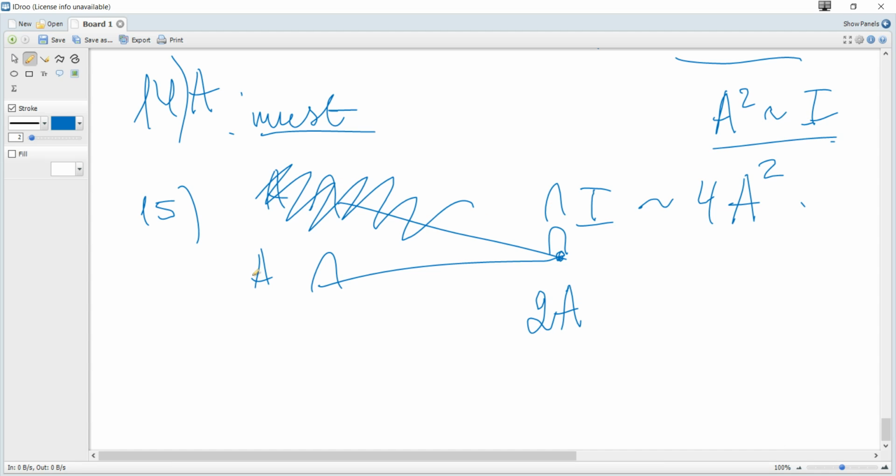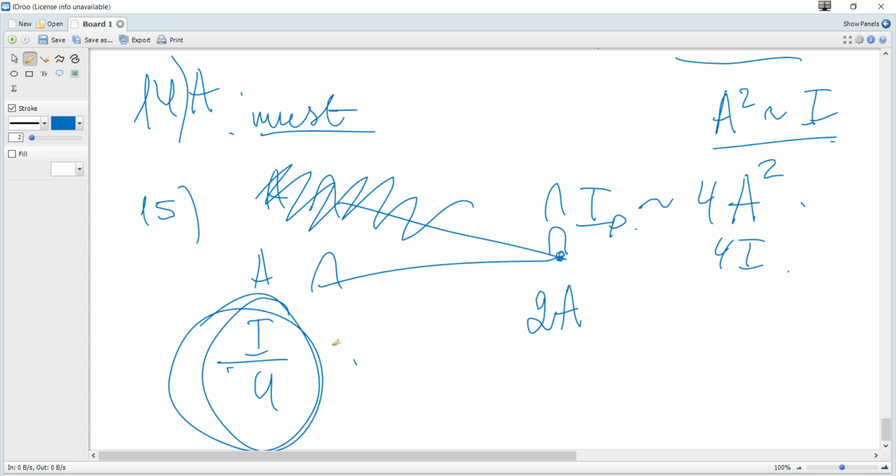So for one amplitude A, intensity I, and the resultant intensity is 4I. Hence, intensity is I over 4. So it's D.